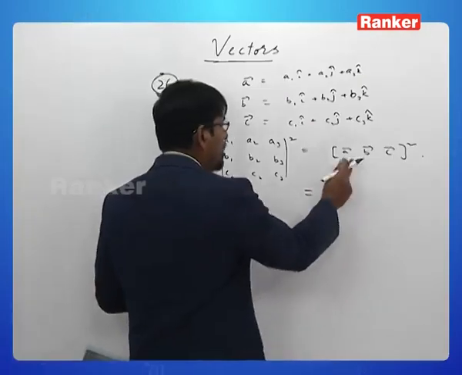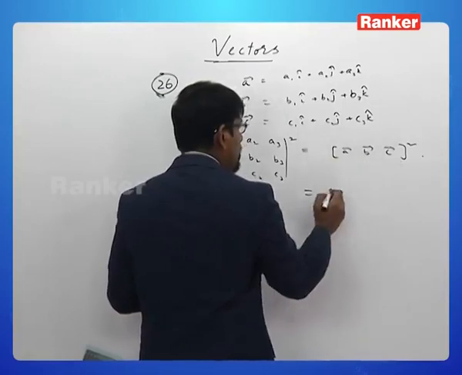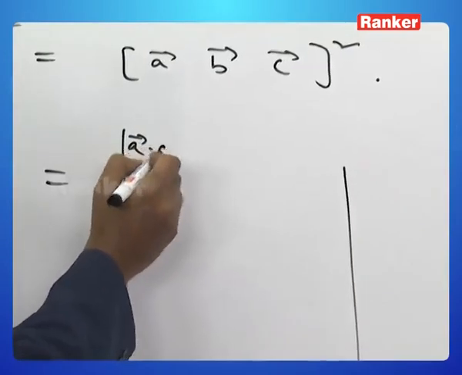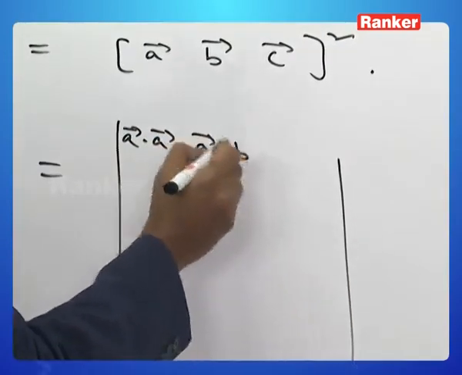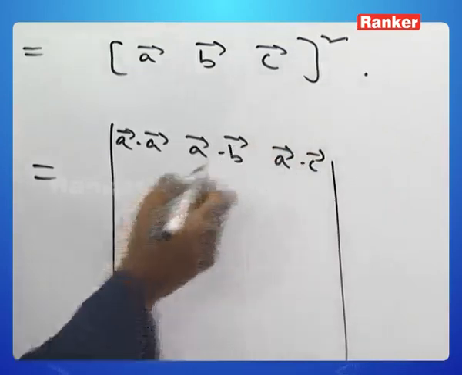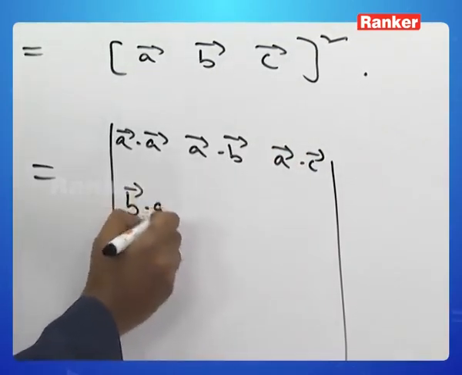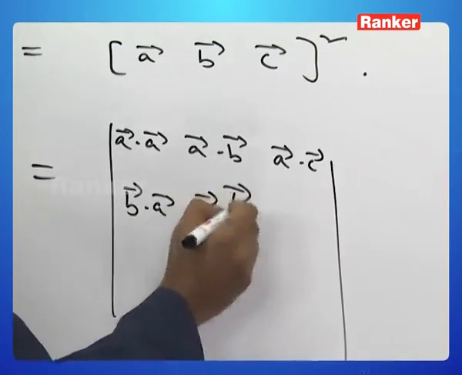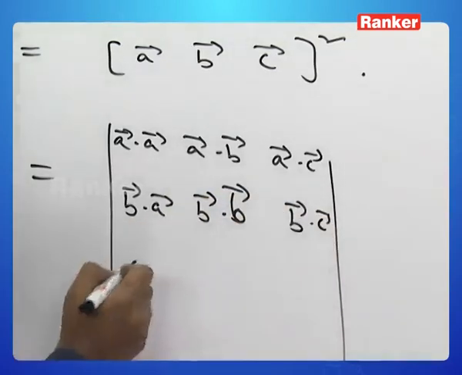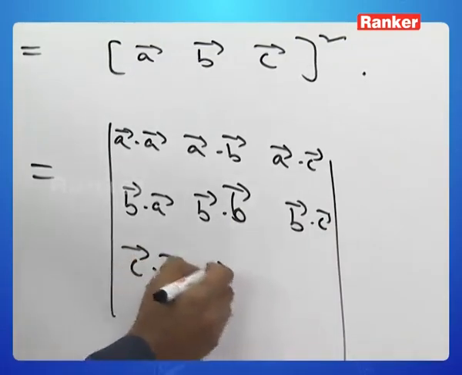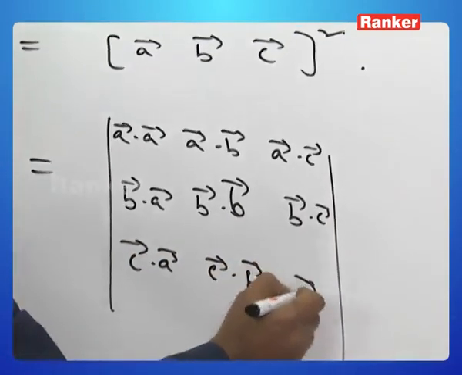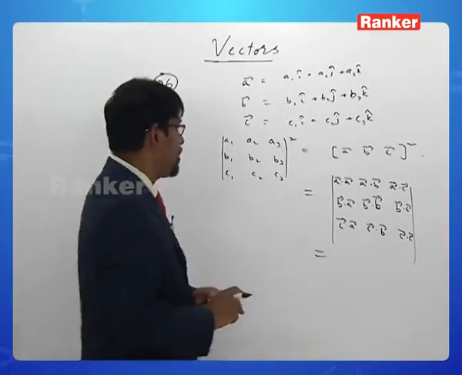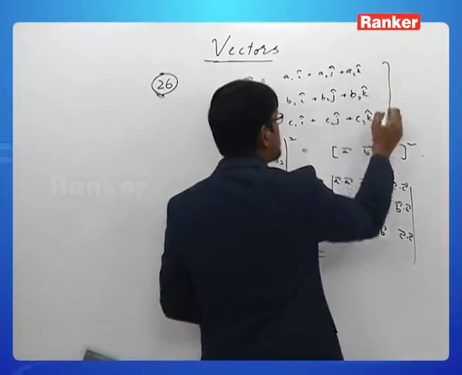But then there is one more result which says that box of ABC whole square is equal to the determinant A dot A, A dot B, A dot C, B dot A, B dot B, B dot C, C dot A, C dot B, C dot C. What are we given about ABC?